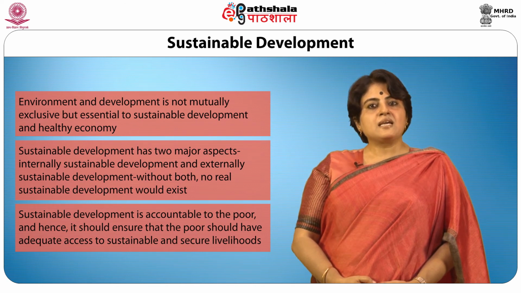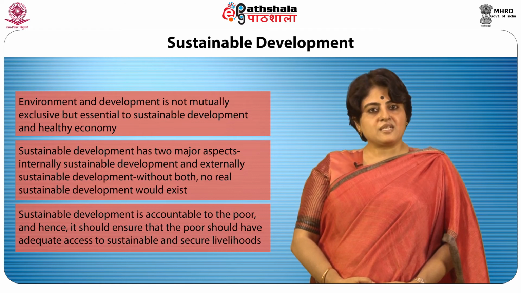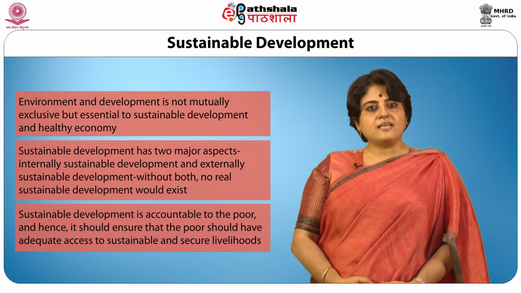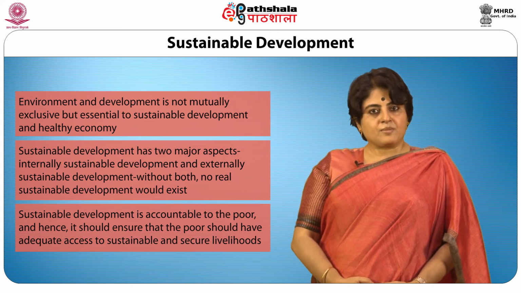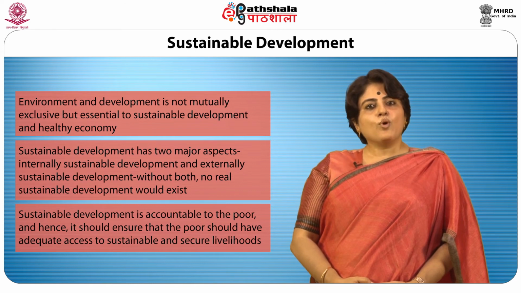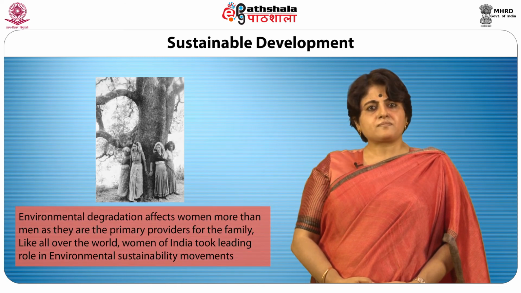Sustainable development has two major aspects: internally sustainable development and externally sustainable development, and without both, no real sustainable development could exist. Sustainable development is accountable to the poor, and hence it should ensure that the poor have adequate access to sustainable and secure livelihoods.